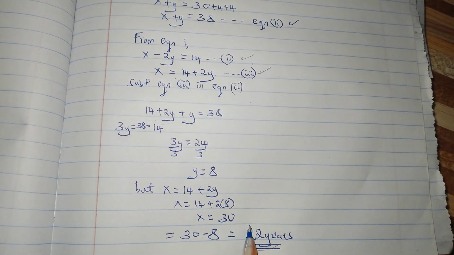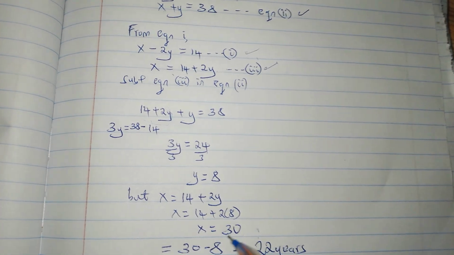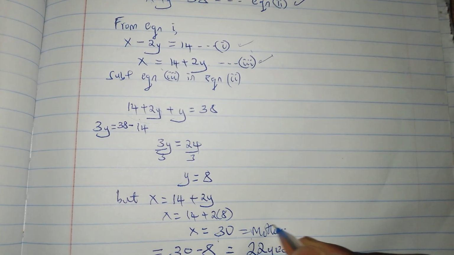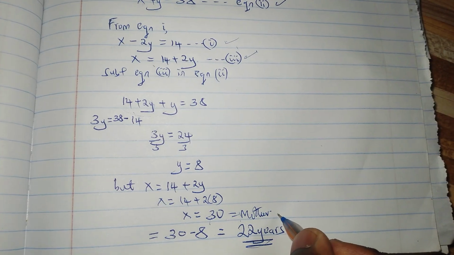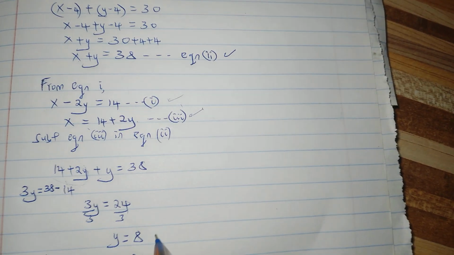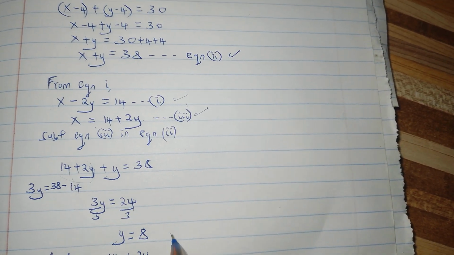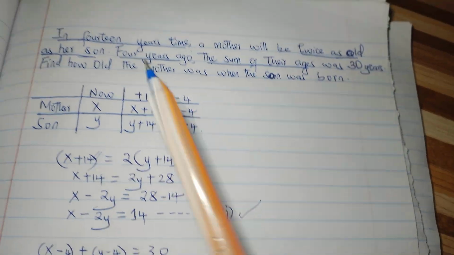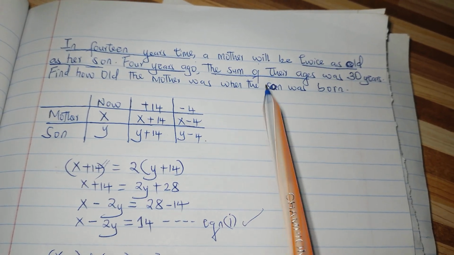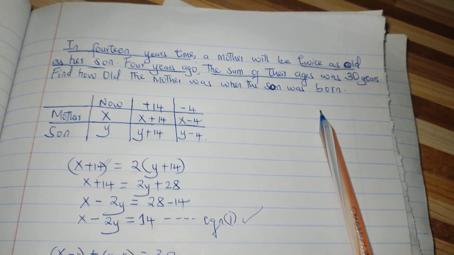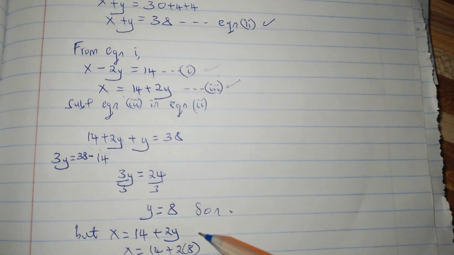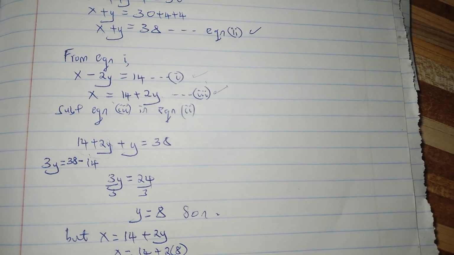So after getting X is 30, what is next? This X is the age of the mother, the present age of the mother. And this Y here is the present age of the son. But you are told in the stem, find how old the mother was when the son was born. So if now the mother is 30 years and the son is 8 years, how old was the mother when the son was born?